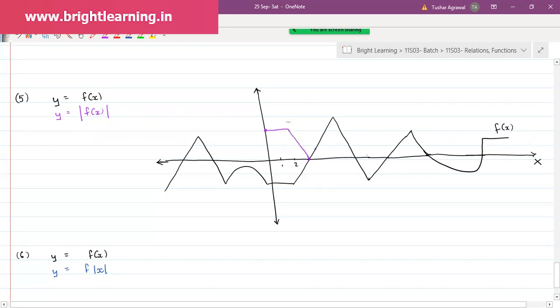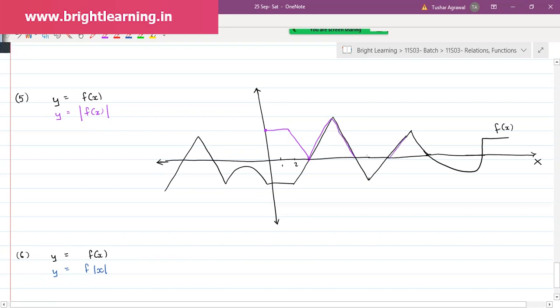After that, the black graph is already above the x-axis, so the black graph is already positive. It means f of x is already positive in this interval, so its modulus is one and the same thing. The purple graph image and the black graph image are one and the same. So here the graph will overlap itself in this interval.